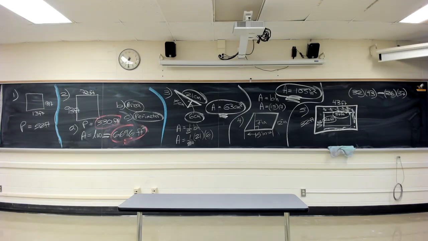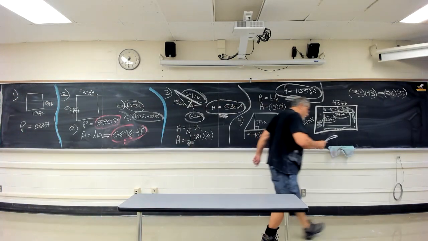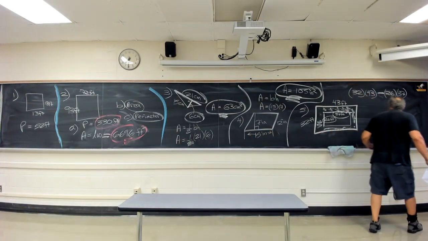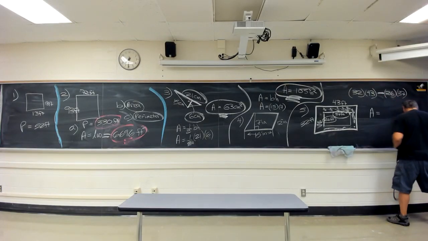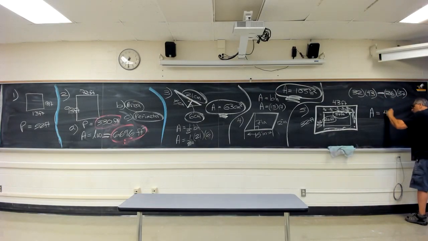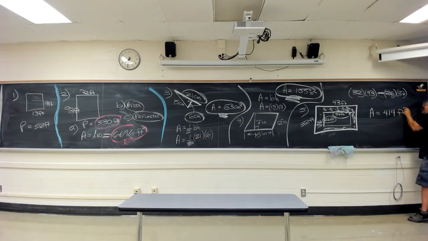And we'll check this, of course, guys. Even if the answer is different in the answer key, doesn't mean they're right. They can make a mistake too. But at the end of the day here, that area under consideration, 414 feet squared.